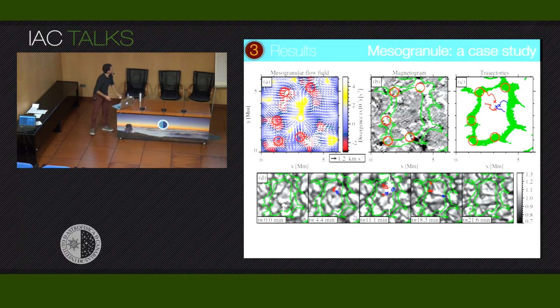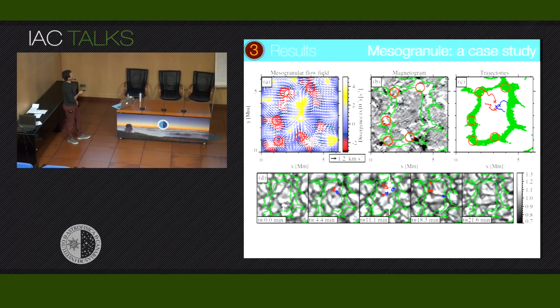The strongest magnetic structures are at the boundaries of mesogranular lanes. This is clear, no? So, for example, here I show one of those mesogranules, and here I show the time sequence of the continuum intensity. What we observe inside this mesogranule is that we have different exploding granules. Here I show, for example, with the arrow, one of those exploding granules.